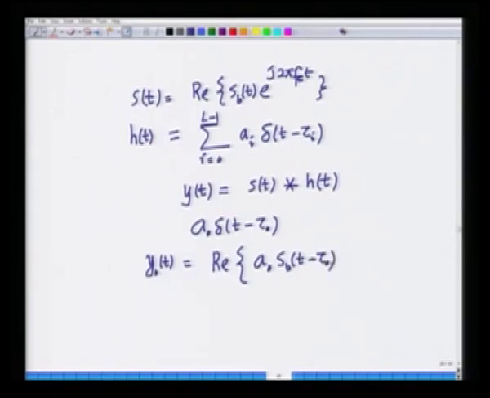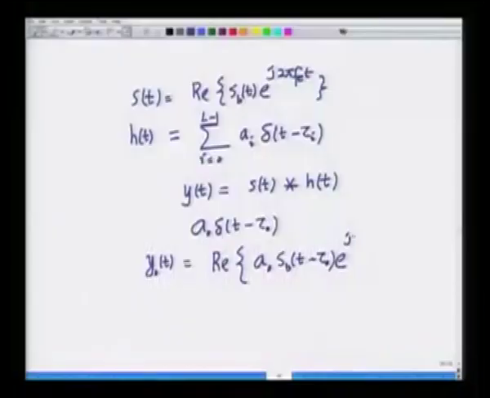Everyone knows if I delay a signal s_b(t) by tau_0, the output is s_b(t minus tau_0) into e to the power of j 2 pi f_c (t minus tau_0).